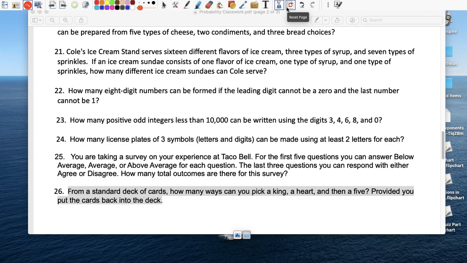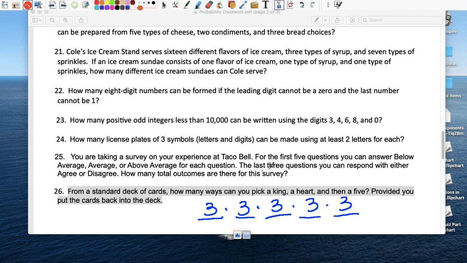Taking a survey at Taco Bell. For the first 5 questions, you can answer below average, average, or above average. So you have 3 choices. Think about 5 multiple choice questions, each with 3 choices. For the first question you had 3 choices, for the second 3 choices, the third 3 choices, and so on.